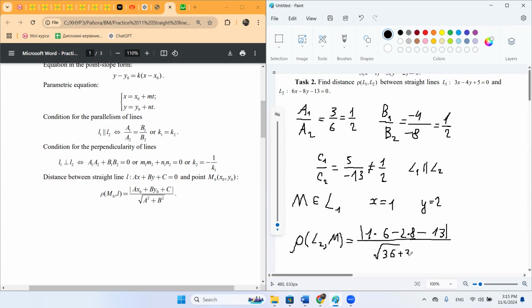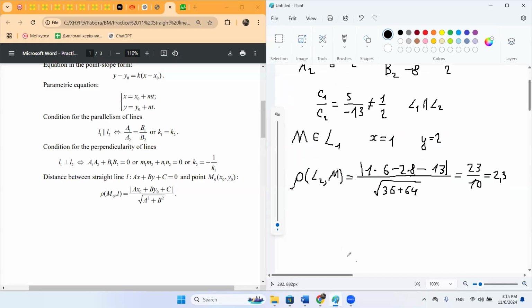So 36 plus 64, so easy to extract the square root. That's great. So 6 minus 16, so minus 10 minus 13, so 23 divided by 10. And if we write it in decimal form, so 2.3.